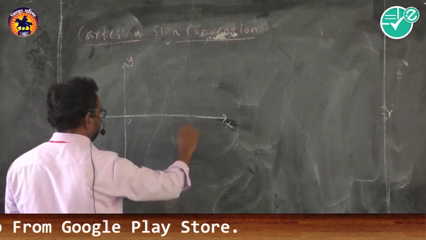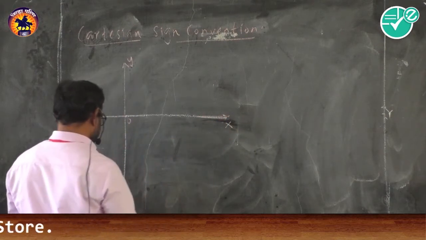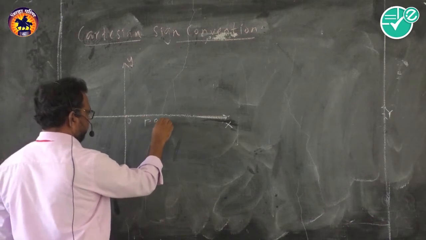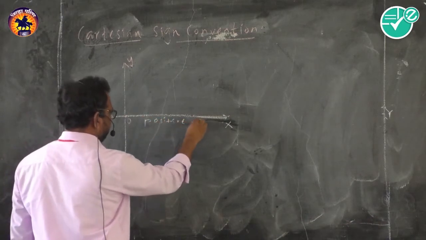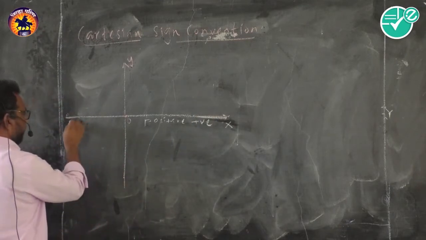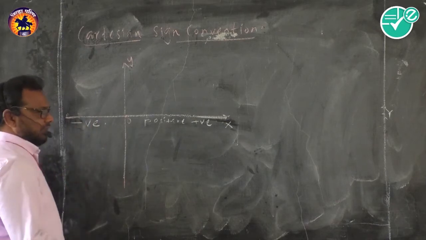From the right of the origin, we always take the values positive. From the left side of the origin, we always take the values of all quantities negative. These are the sign conventions.